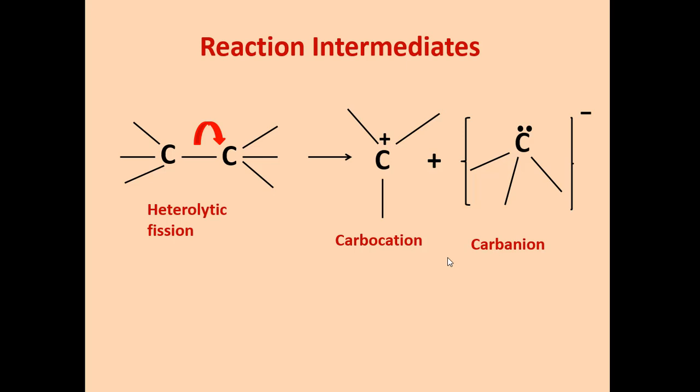The carbonium ion contains three bond pairs, and so it is flat, trigonal planar, whereas the carbanion, which is shown on the right, contains three bond pairs and one lone pair. Overall, you have four pairs corresponding to a tetrahedral arrangement.